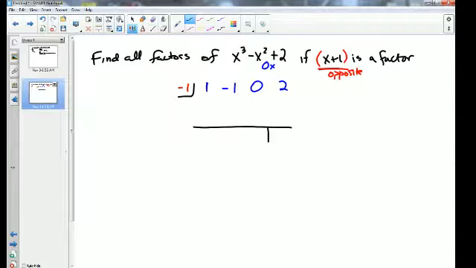All right. If you guys sound like you remember it, so what do I do? Drop the first number down. And 1 times -1, multiply those two, correct? And? Yeah, you add now. -1. Okay. Drop your first number.